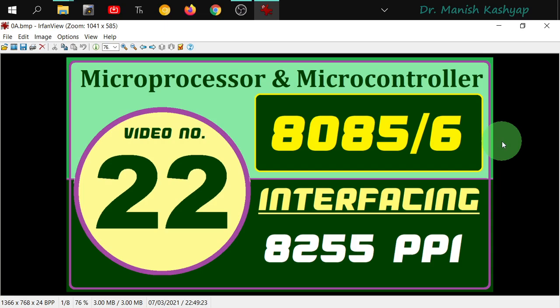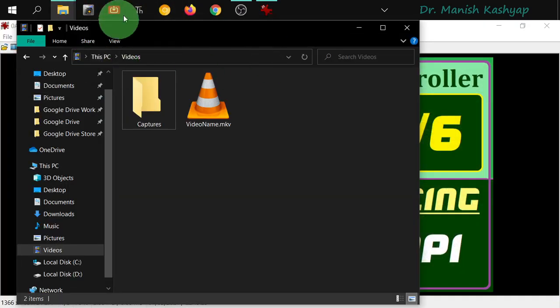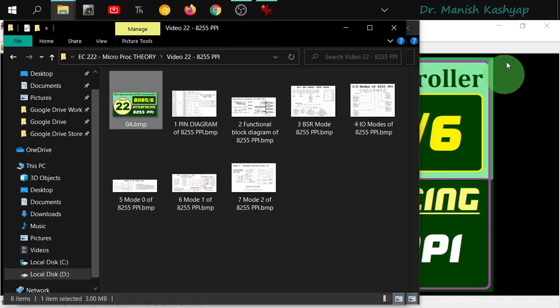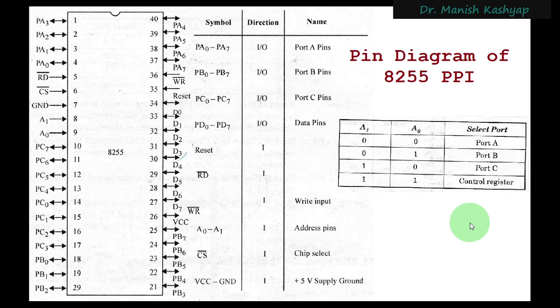So let me just begin. Let me just see my slides. Okay, I have slides in this BMP format only. Yeah. So let's begin by seeing the pin diagram of 8255 programmable peripheral interface, right? You're not supposed to remember this pin diagram, but this pin diagram should make sense to you.